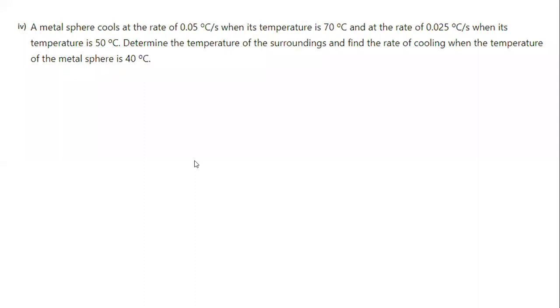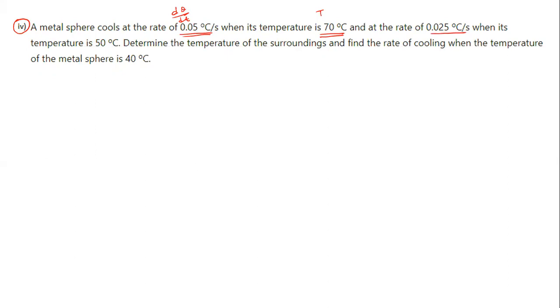Question number 4 from exercise. A metal sphere cools at the rate 0.05 degrees Celsius per second. Now it is given d theta by dt, or instead of theta, we can use T also, dT by dt. When temperature is 70 degrees Celsius, T is 70 degrees Celsius, and the rate is 0.05.